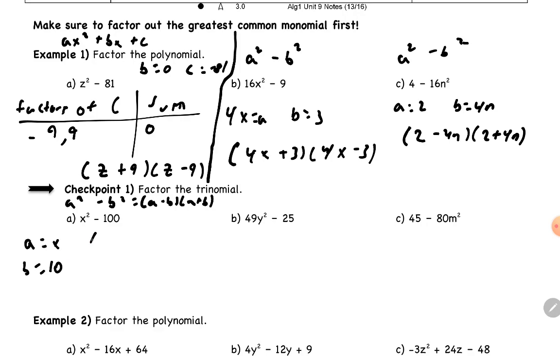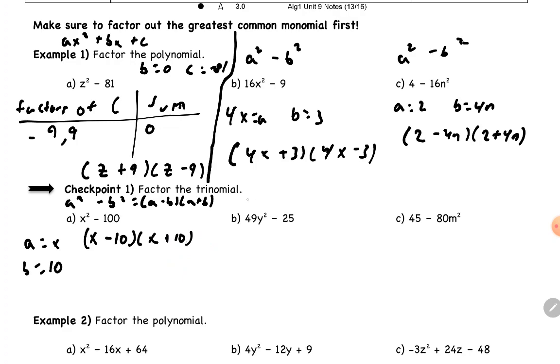So this would be a minus b, a plus b. So x minus 10, x plus 10.